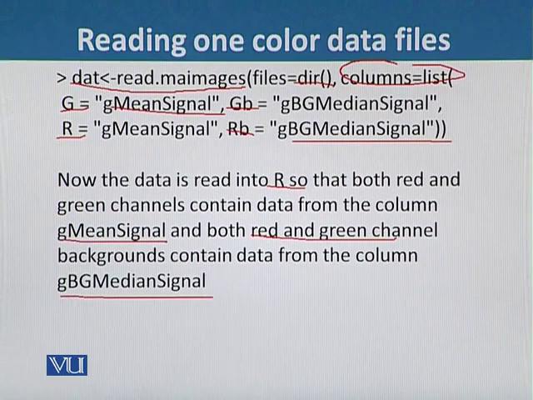It means that the code is written in such a manner that we have given the information to the software that the information should be read for the red only, but actually the information is read for both the green and the red, as we have mentioned that background intensities will be calculated for both red and green.